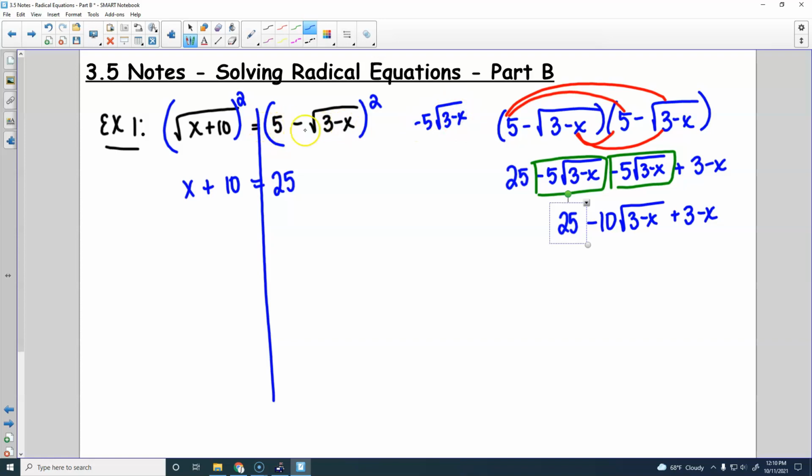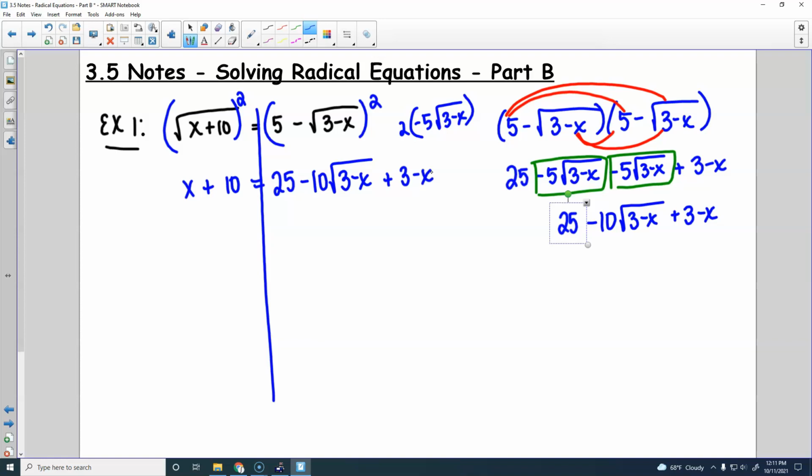And then if I multiplied that by 2, it would give me negative 10 square root of 3 minus x. So there's your double in the middle. And then when you square the last, you're just going to get rid of that square root. So either way that you want to think about that is fine. If you're uncomfortable doing the square double square because it just seems too confusing to think about with your square roots, it's fine to write it out.